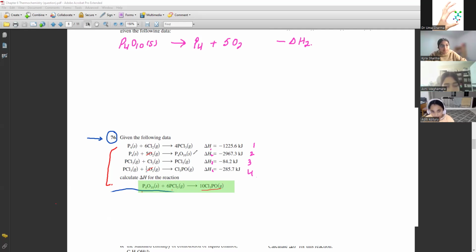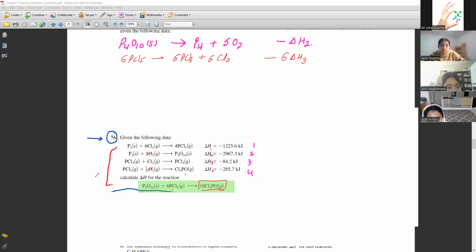So you can multiply it by 6 and move it to the other side. So flip it. Either you say flip the equation or reverse the equation, right? So minus 6 times delta H3.